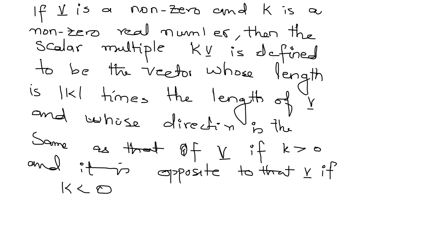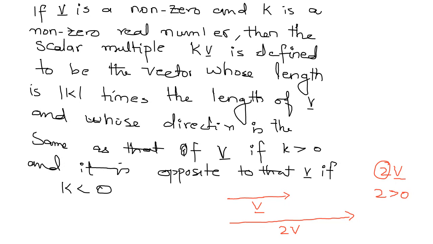I will explain here. For example, you have this vector, vector v. You want to multiply it with 2. That will be 2v. So this vector will be double, with the same direction because 2 is positive, 2 is greater than 0, so you have the same direction, but the vector will be double.